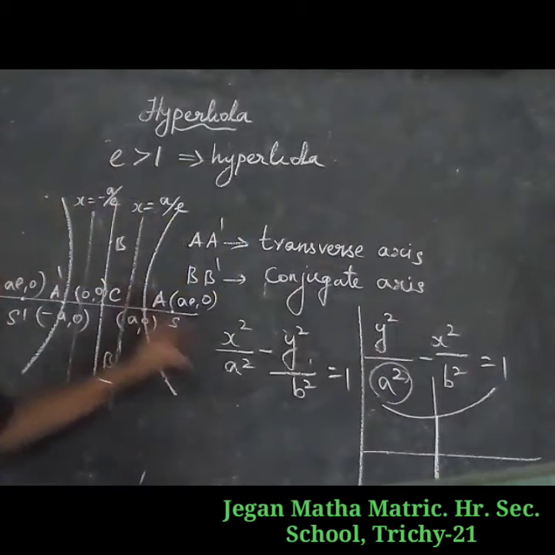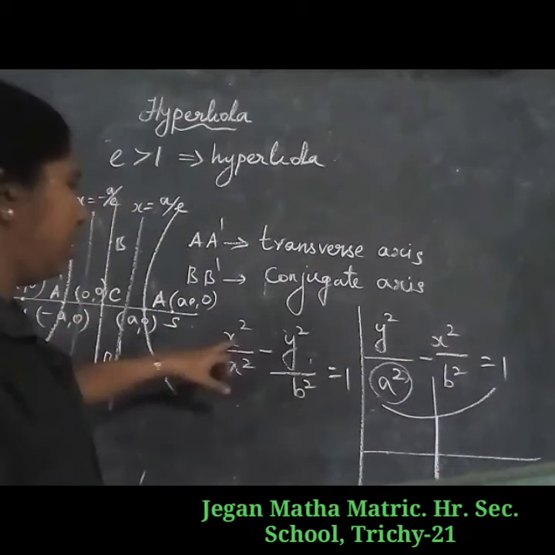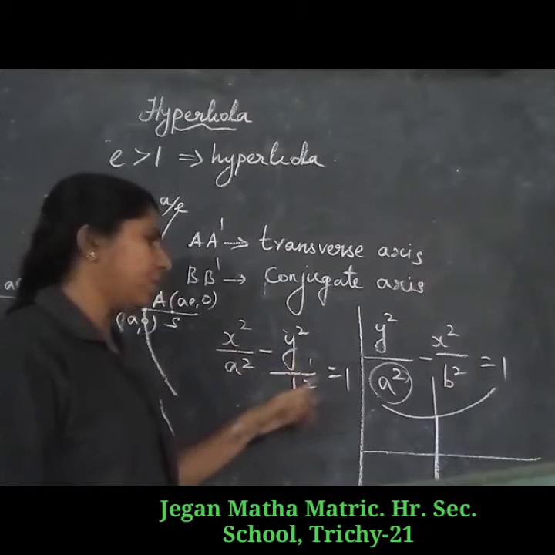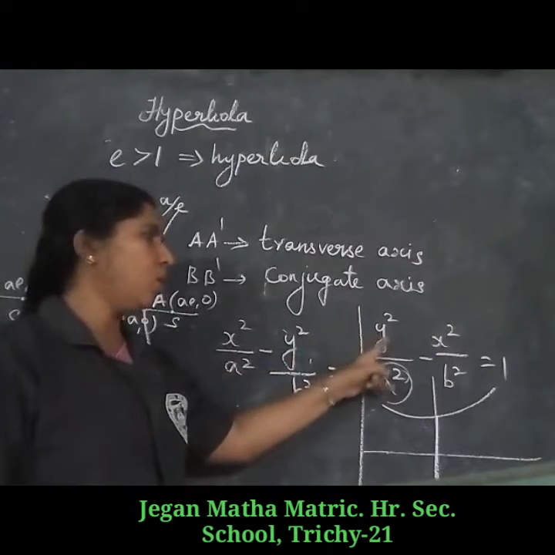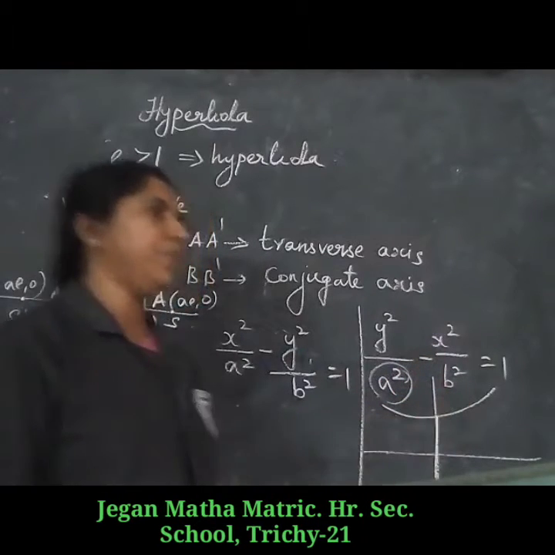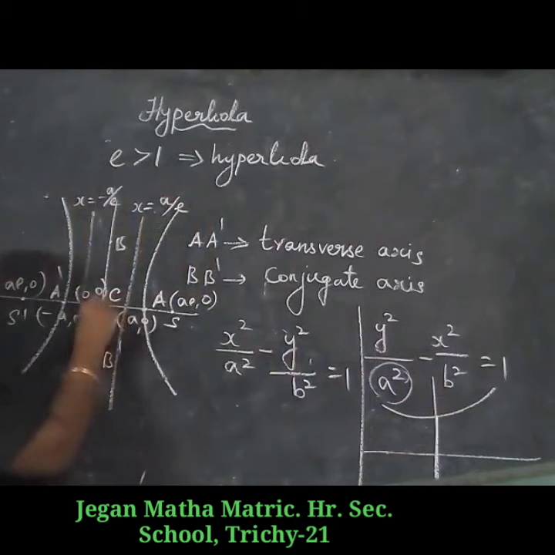So there are two types of hyperbola. One is of the form x square by a square minus y square by b square equal to 1. The other one is y square by a square minus x square by b square equal to 1. Here the center is 0, 0.